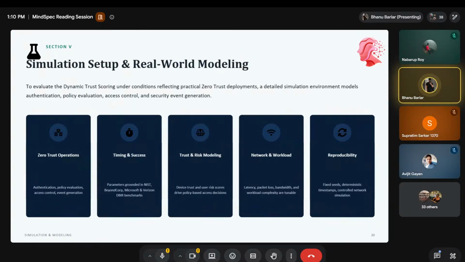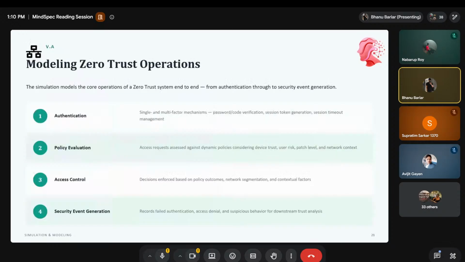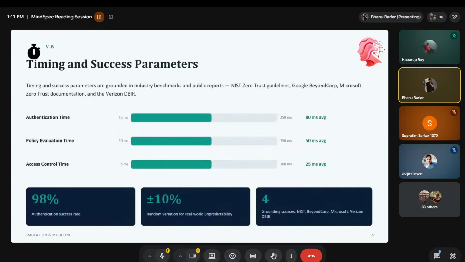The network and workload and the reproducibility were calculated, and then the whole modeling of zero trust operations, where, as I said earlier, authentication, policy evaluation, access control, and security event generation processes were involved. That was a true zero trust system end to end, from authentication to security event generation.